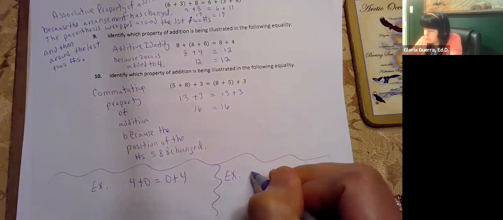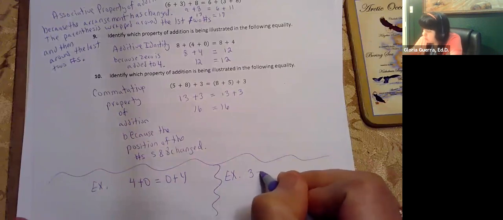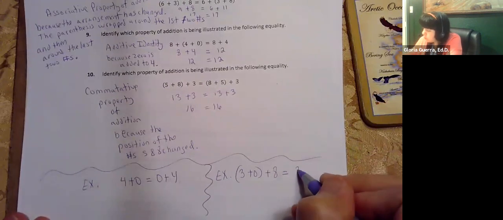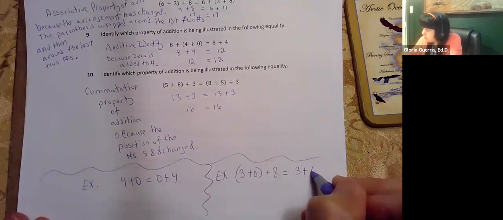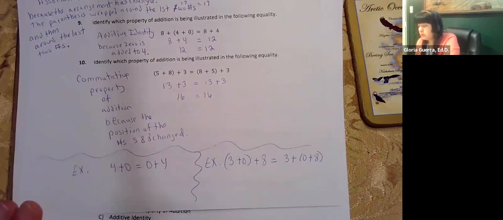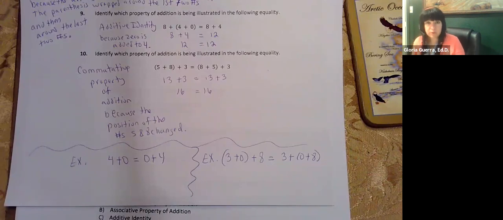And if I show you this one, 3 plus 0 in parentheses plus 8 is equal to 3 plus in parentheses 0 plus 8. So these here have involvement of 0, but I would not call these additive identity, because I think there's something stronger that comes out. The other properties, either commutative or associative property, is going to be stronger here.